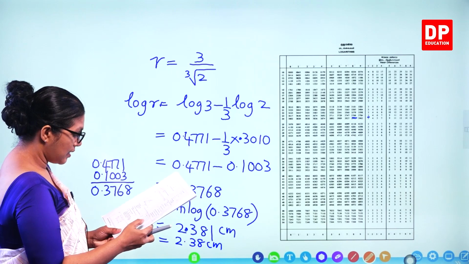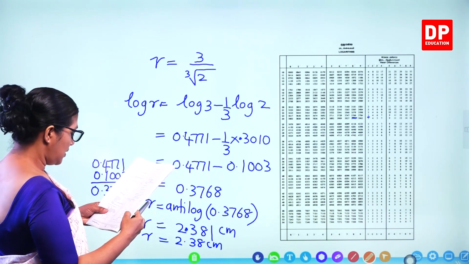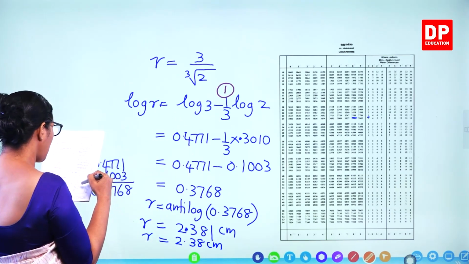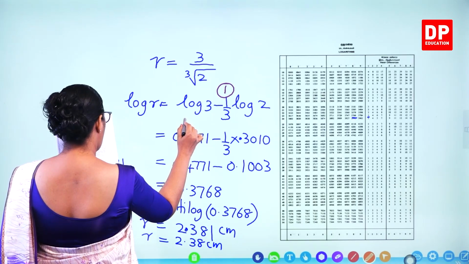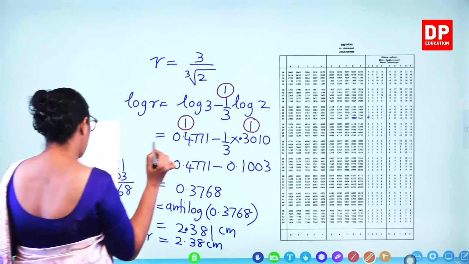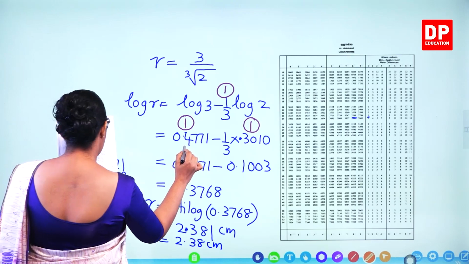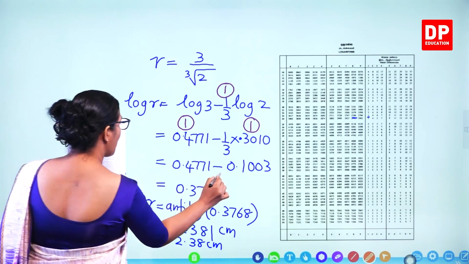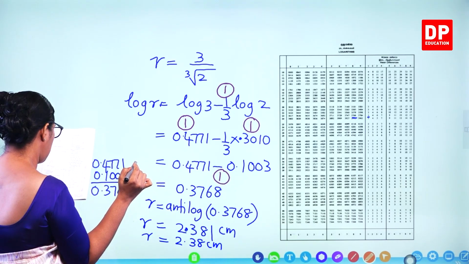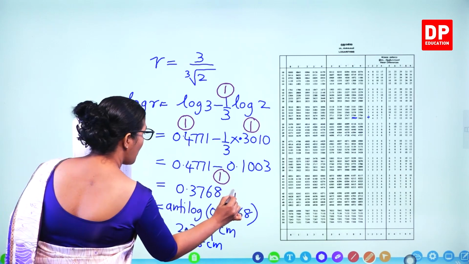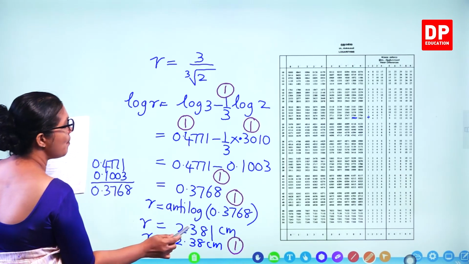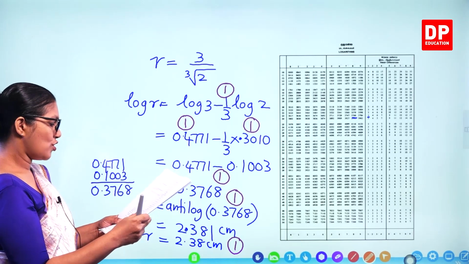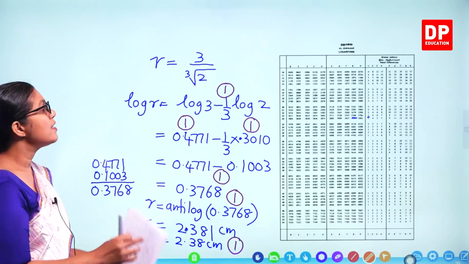You get 6 marks for that. You get 1 mark for taking logarithms, 1 mark each for referring to the log table, 1 mark for taking the difference and finding this value, 1 mark for taking the antilog value, and 1 mark for the final answer. 3, 4, 5, 6. 6 marks for the whole question. So 6 and 4 before, 10 marks.